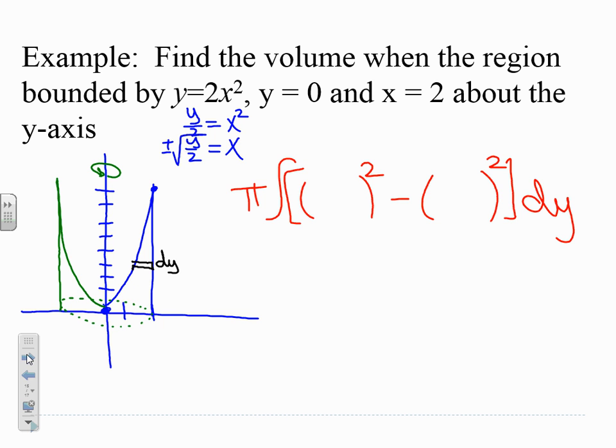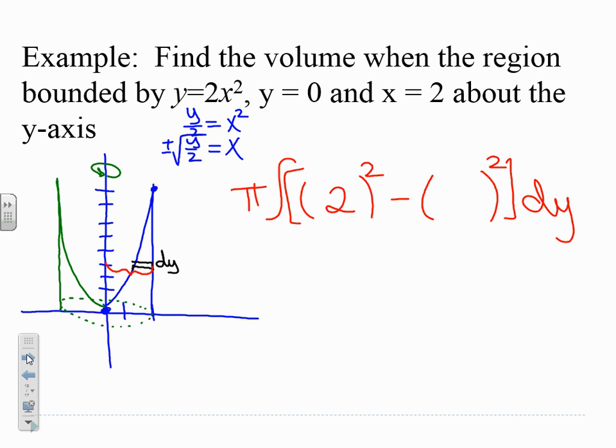We have washers. So let's talk about our large radius. This is our axis of rotation. The furthest away would be here. What is that distance? 2. This is a vertical line. Vertical line to the y-axis is just 2.